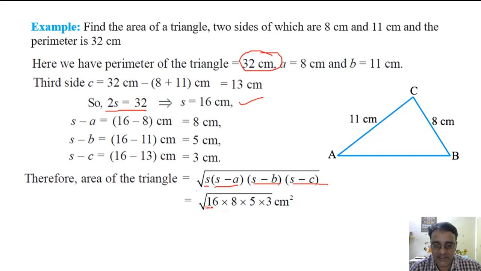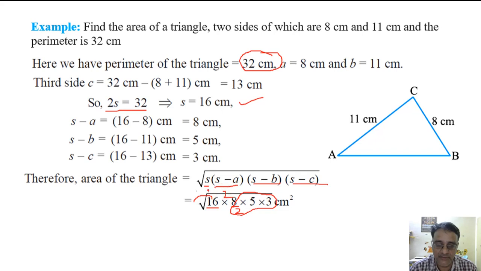Now 16 is a perfect square, so we can take it out. And 8 is not a perfect square, so we can factorize it as 2 into 2 into 2. And 5 and 3 have no pair to make a square. So one 2 remains, and 5 and 3 remain inside the root.